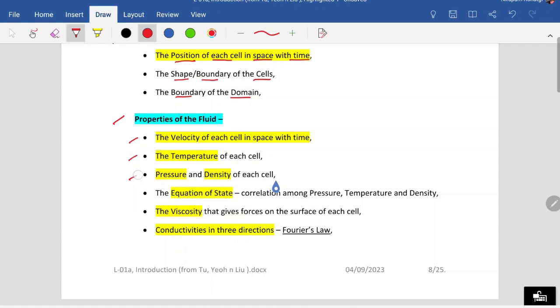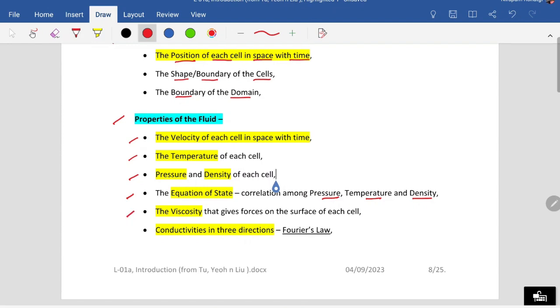We have to talk about the pressure and density of each cell. Then the equation of state, which relates pressure, temperature and density. Of course, this equation of state will be applicable to all the cells having the same fluid, because the equation of state is dependent on the fluid. So as long as your fluid is the same, the equation of state will be the same for all the cases.